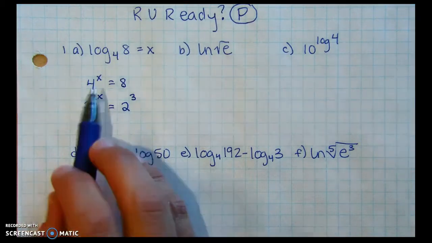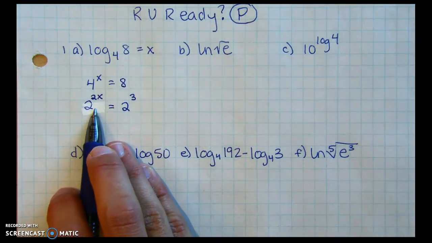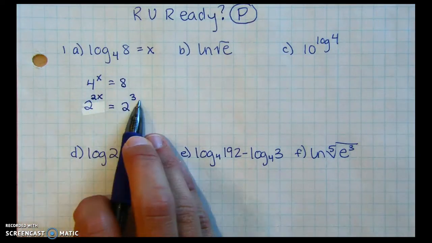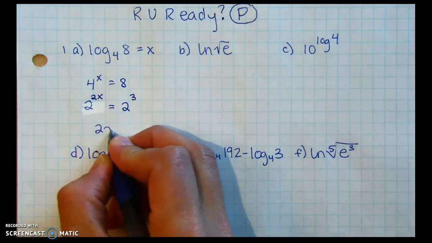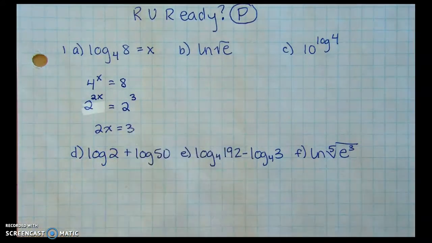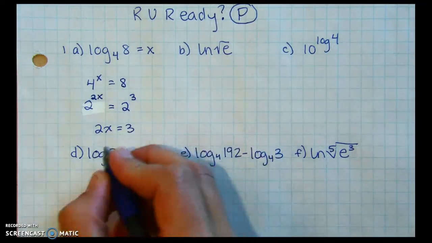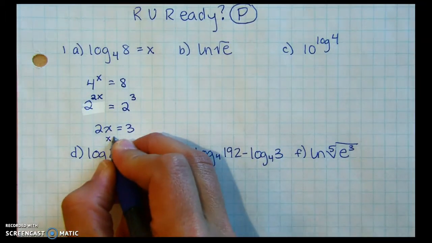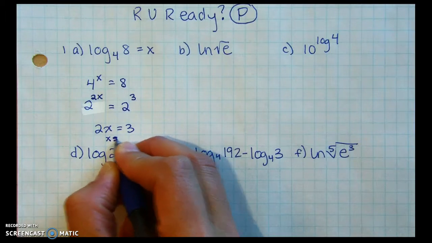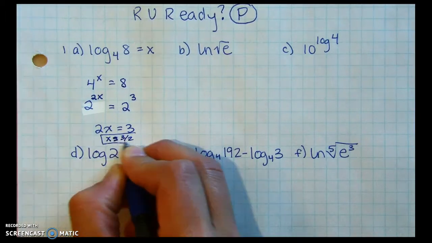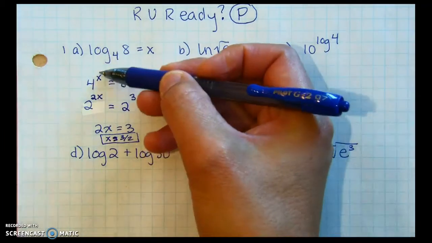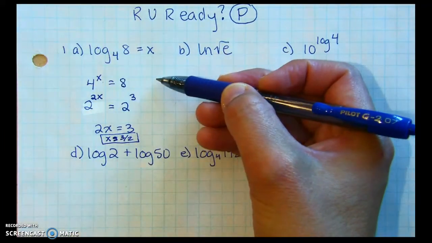If the bases are the same, then what can you declare about their exponents? They're also the same, right? They're equal. So if 2x equals 3, what does x equal? Oops, 3 over 2. And I'm going to circle that. So 4 to the 3 halves equals 8.